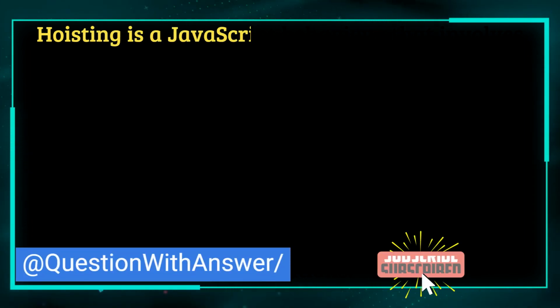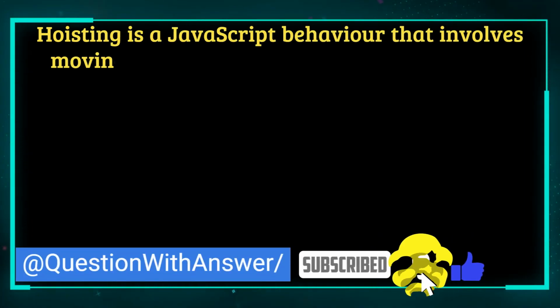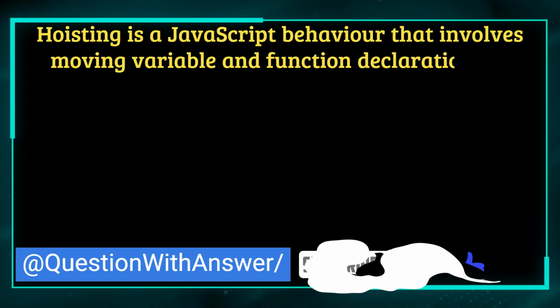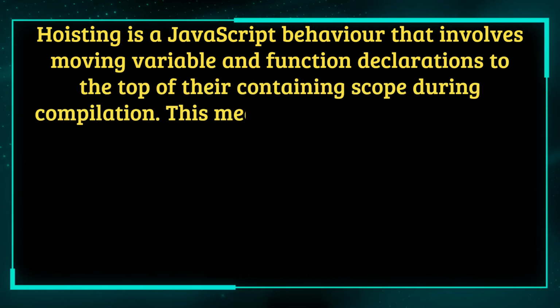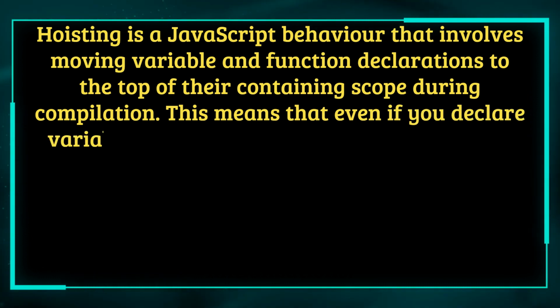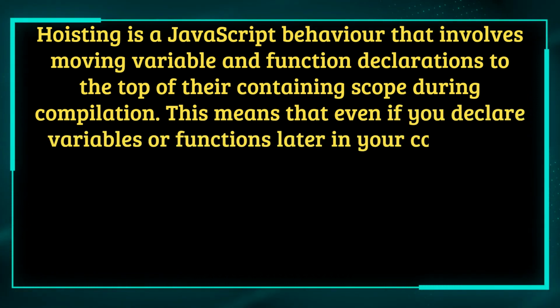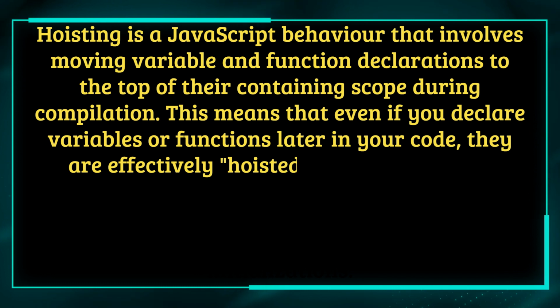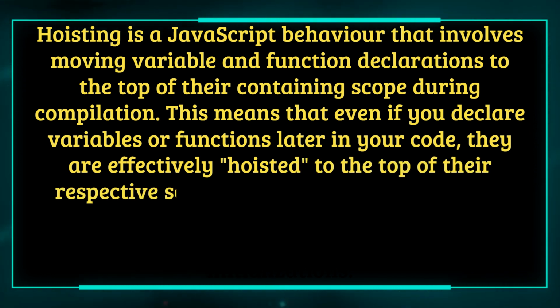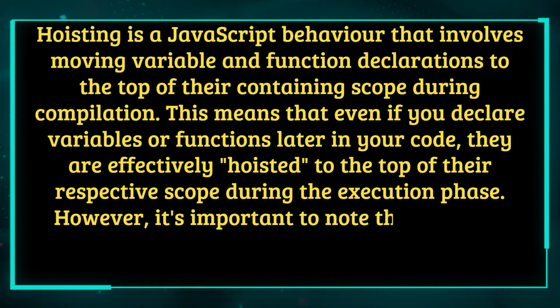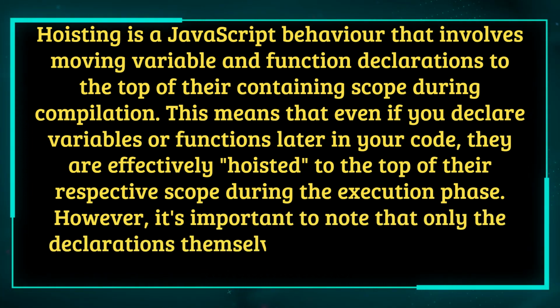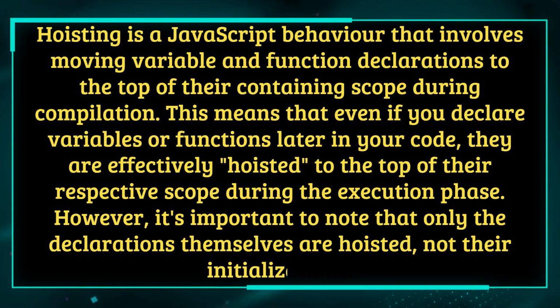Hoisting is a JavaScript behavior that involves moving variable and function declarations to the top of their containing scope during compilation. This means that even if you declare variables or functions later in your code, they are effectively hoisted to the top of their respective scope during the execution phase. However, it's important to note that only the declarations themselves are hoisted, not their initializations.